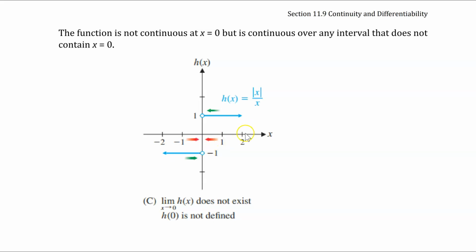And the limit from the right is +1. So therefore, the limit here does not exist. And moreover, if you look at the graph at x equals 0, you see a hole on the graph, so this means that the function is not defined at x equals 0.